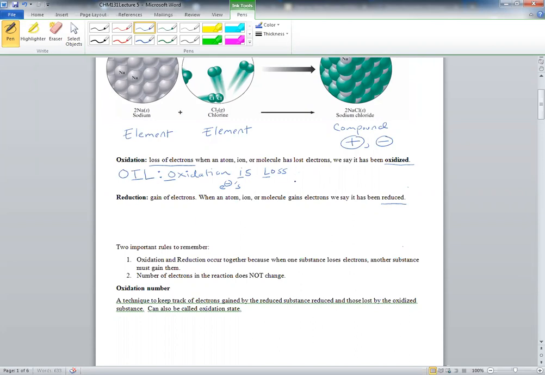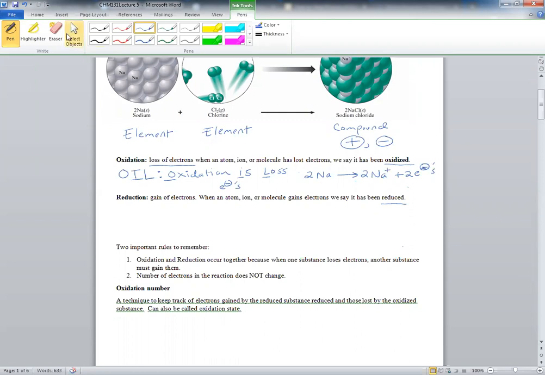Let's look at it. We'll take these two sodium atoms. When they lose an electron each, we show it this way, they become sodium ions. Those are the ones you used in naming. Notice the plus charge. So if each lost an electron, that means we have two electrons right here that came out.